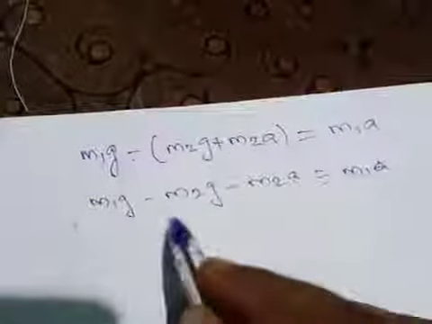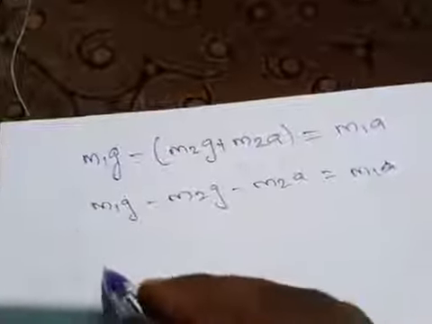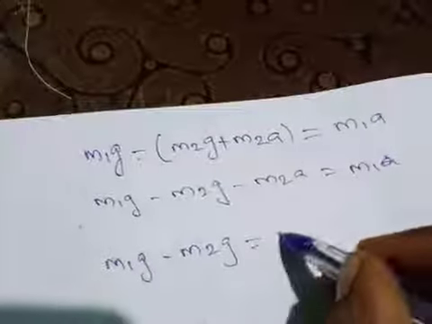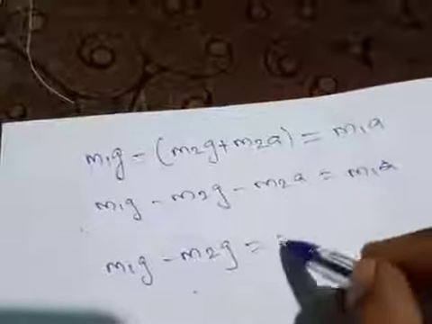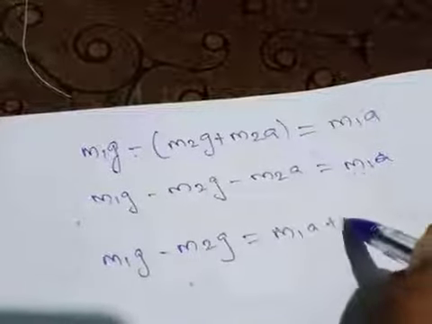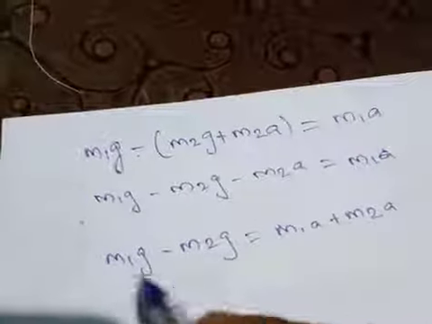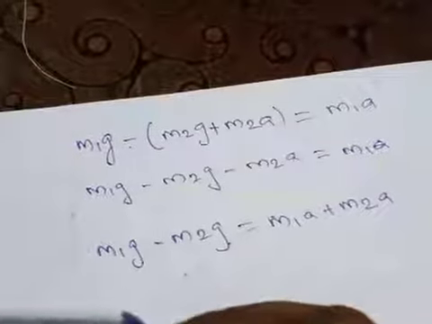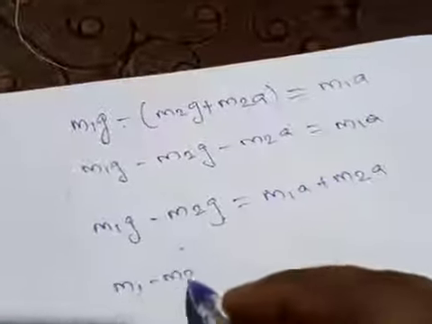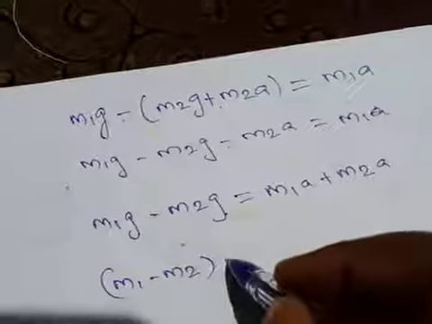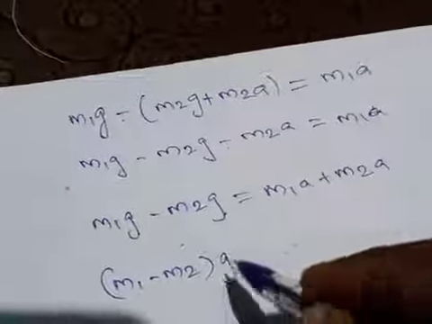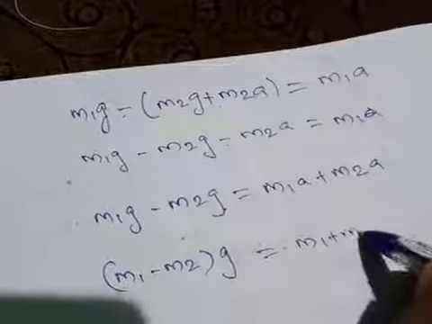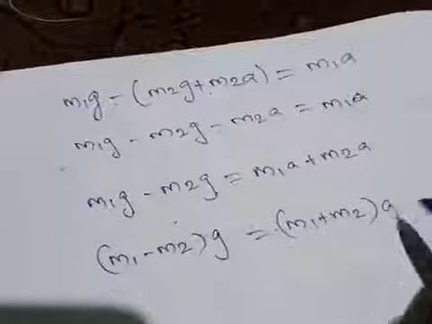Now keep g on one side and a on the other side. So M1 g minus M2 g equal to, now I am taking this one to this side, M1 a plus M2 a. Now g is common, take it outside. Here a is common, take a outside. So M1 minus M2 into g equal to M1 plus M2 into a.